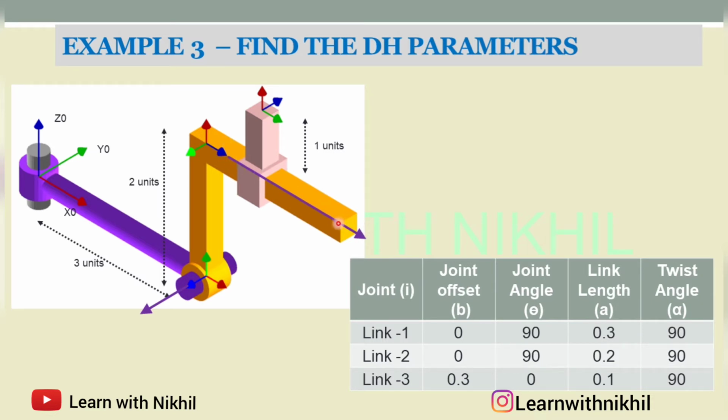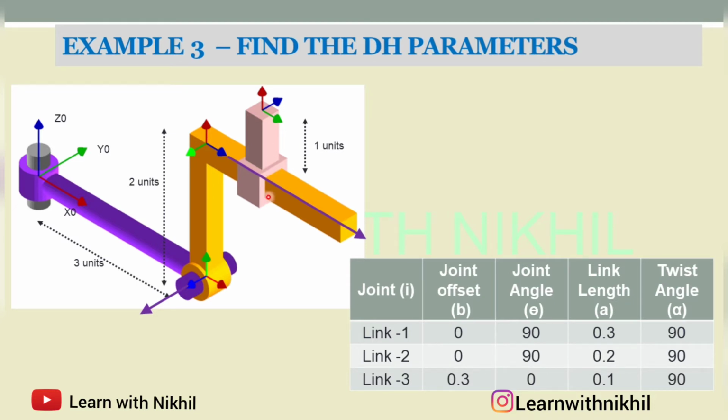So this prismatic joint will slide along this direction, along the z-axis. The joint angle is 0 as there is no joint angle. The joint angle is like the x-axis should be aligned.